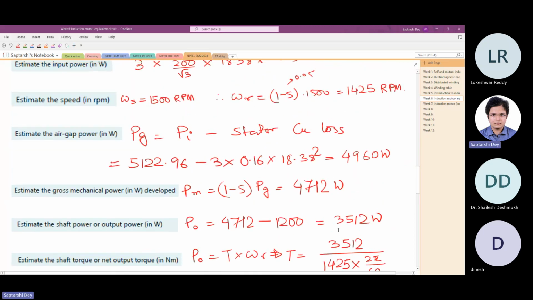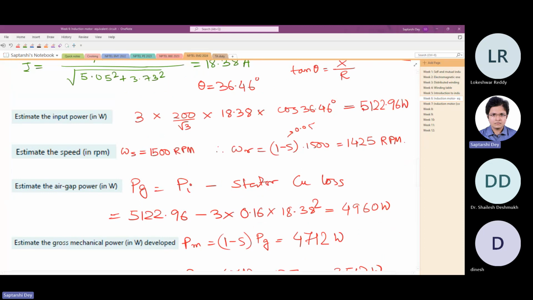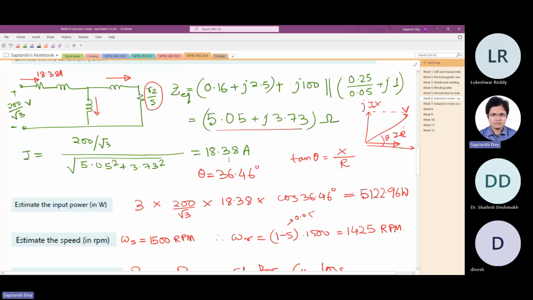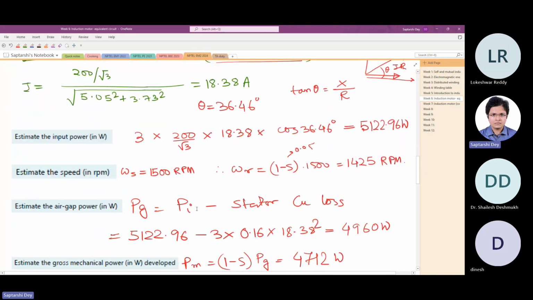I made a mistake here, so be careful. It's better to have the circuit in front of your eyes. This is the current, not this one. Now we can easily find out the rotor current if we want to, because we know the rotor power loss.